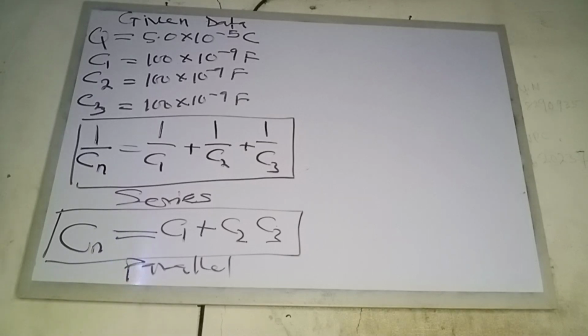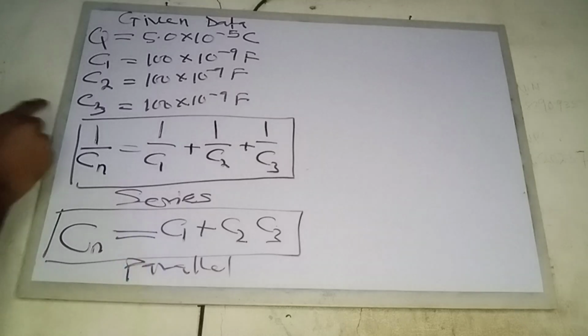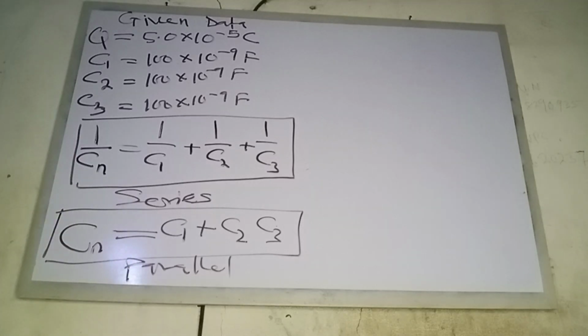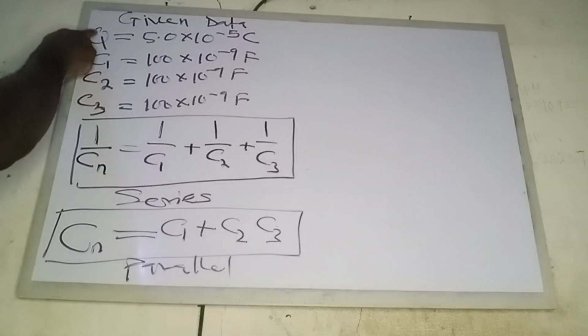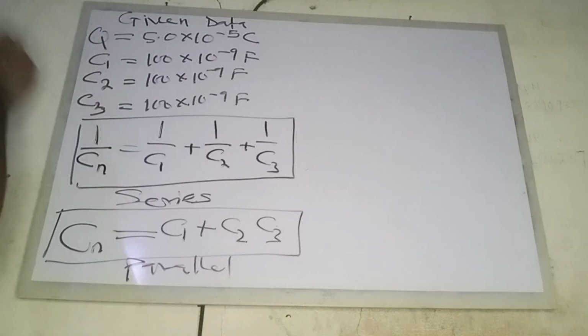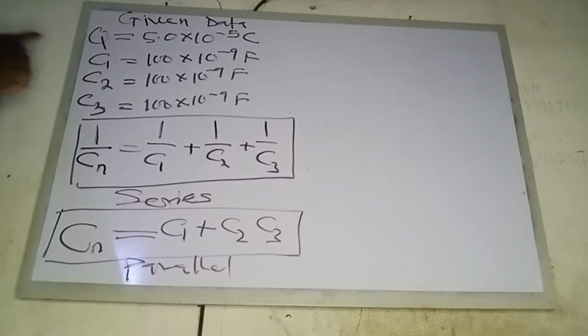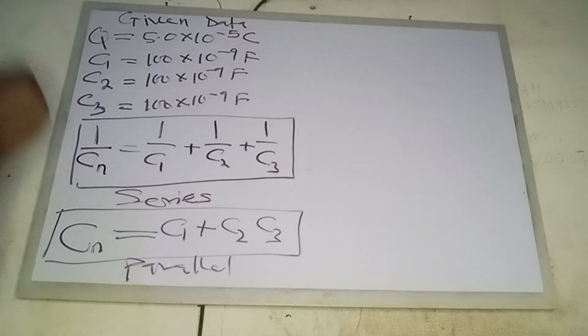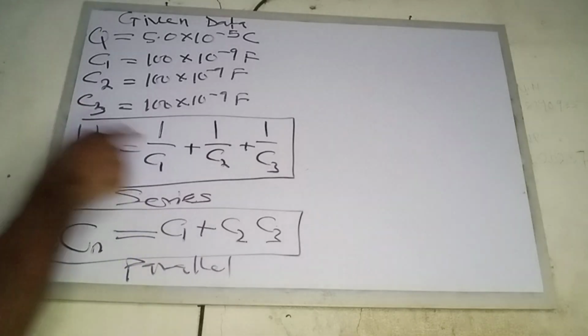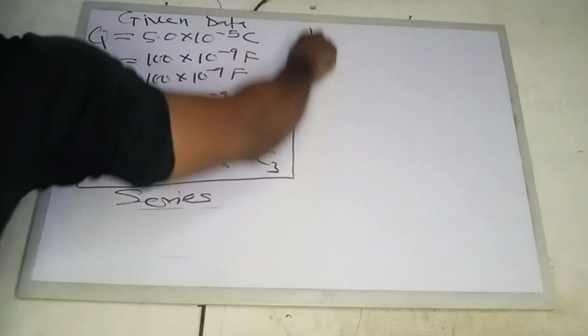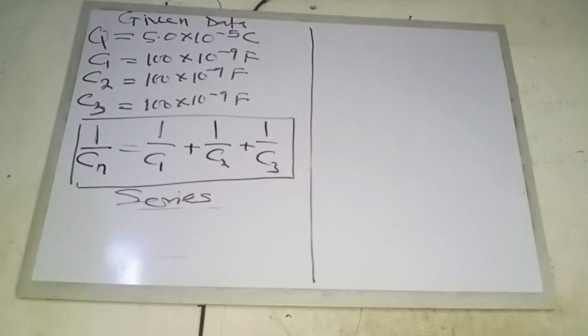That means if you look at question number 2, determine the charge on each capacitor, this particular charge we already got is the total charge that flows in, so we are going to address this answer. So the total charge is the same, but the voltage is divided among all the 3 capacitors when connected in series.